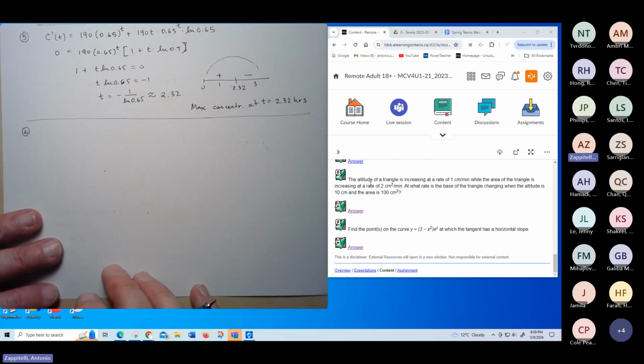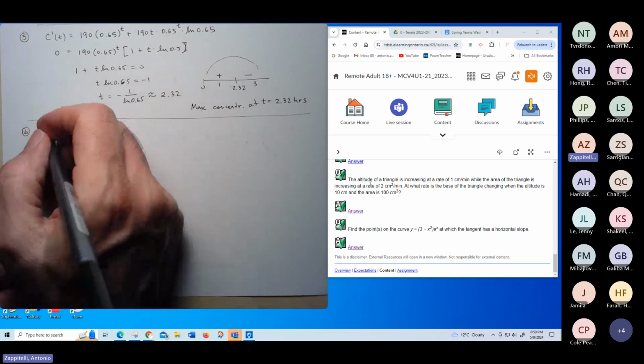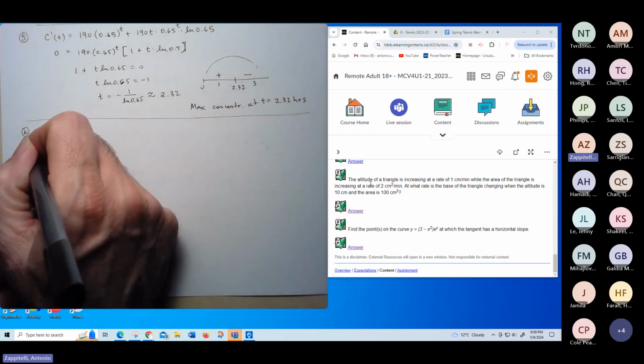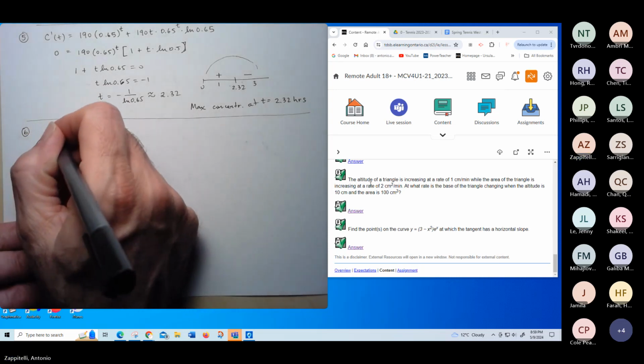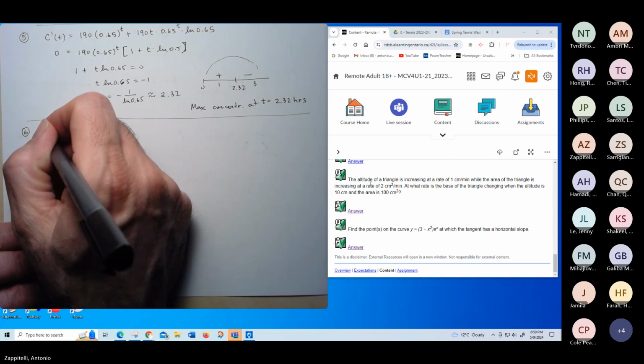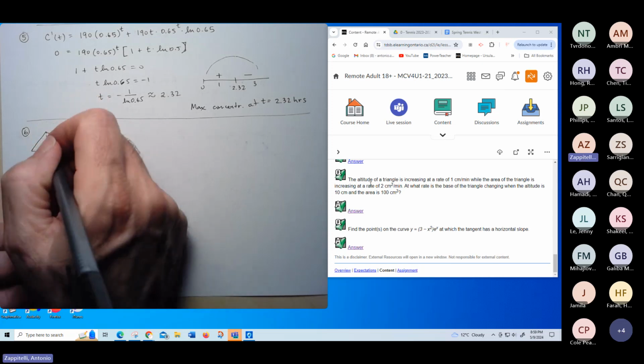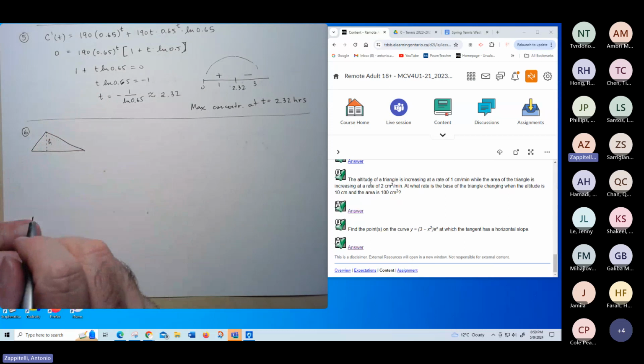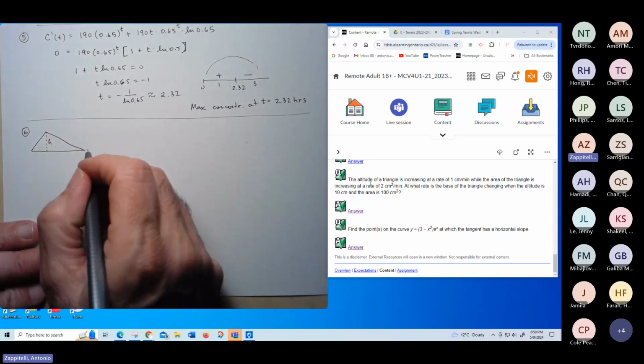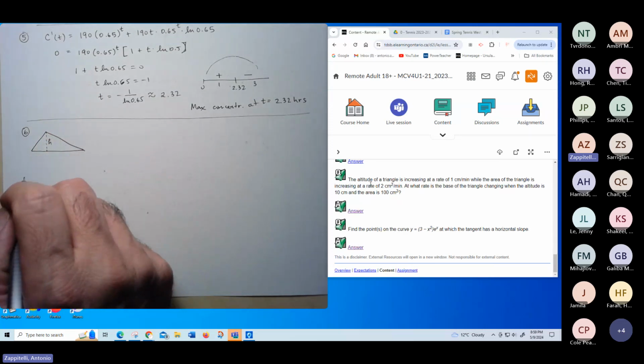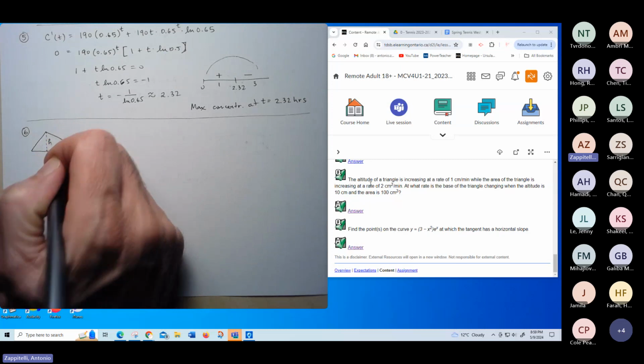Okay, so I'm going to draw myself a diagram. I got some triangle, the altitude, I'll call it H for height. And then since we're also talking about the area, we're going to need the base.